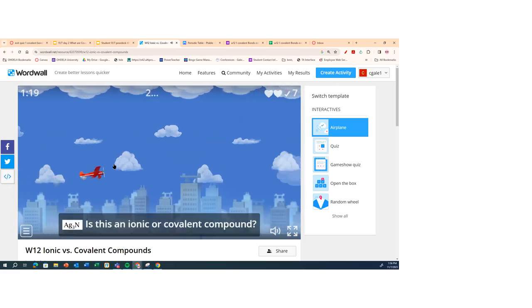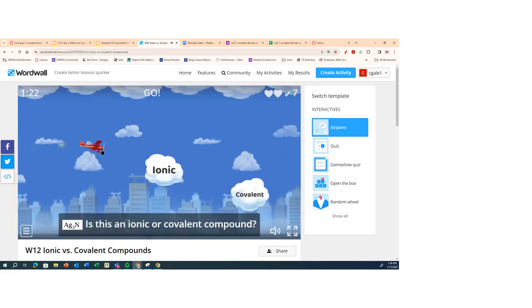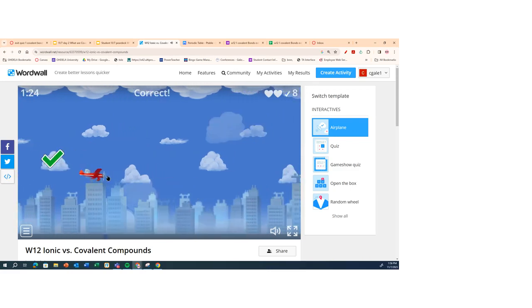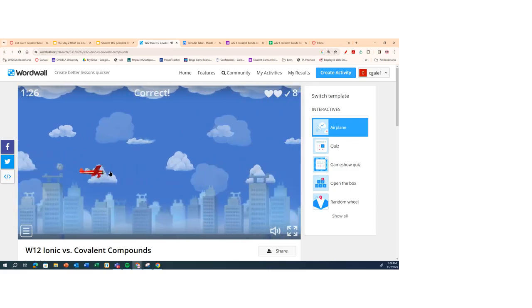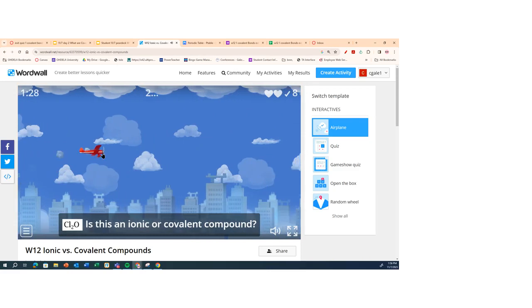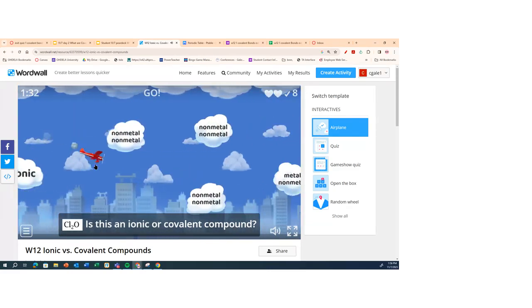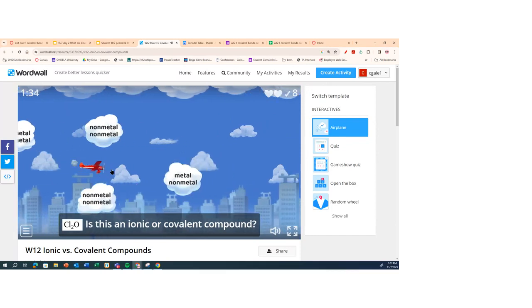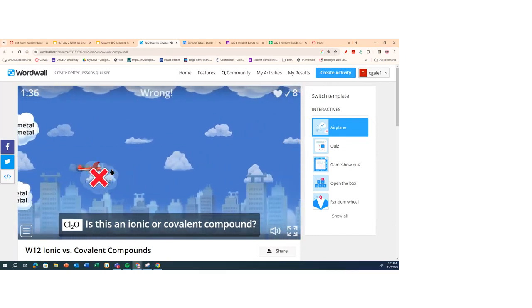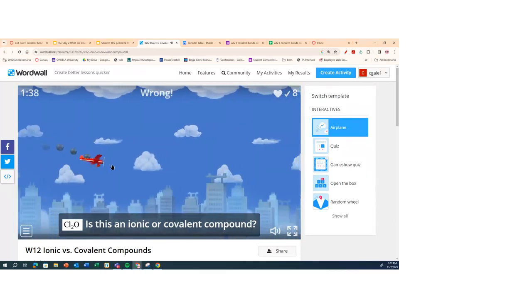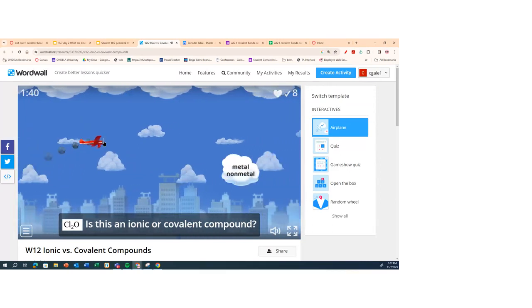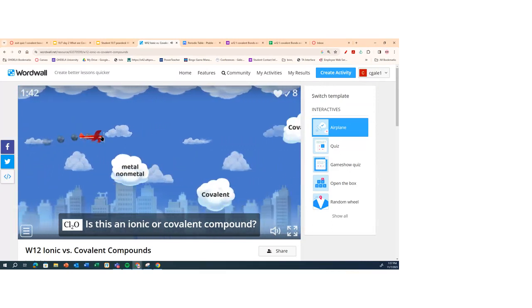Silver and nitrogen is ionic. Now I'm going to hit, oh, I made it. I just hit the top of it. Chlorine and oxygen is a non-metal. If I hit metal, not metal, non-metal, oh, I'm missing even more. So remember, chlorine is on the right-hand side.